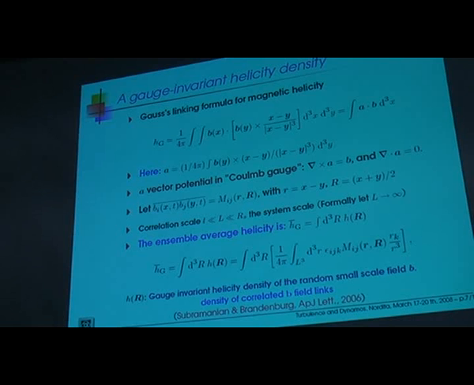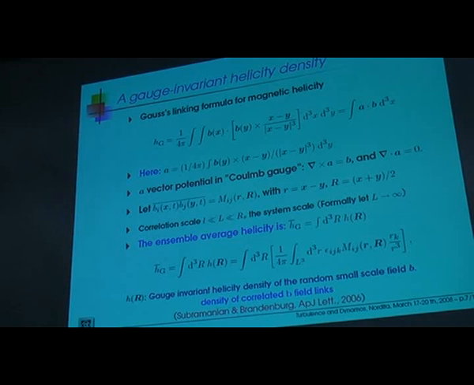If you take a magnetic field as a set of small flux tubes, which are kind of fiducial curves, then it is Gauss's linking formula: if you have a magnetic field B at position x and B at position y, and you calculate this double integral over volume, this measures all the linkages in the field.